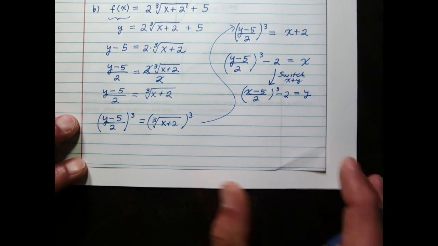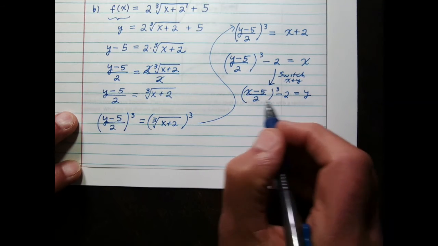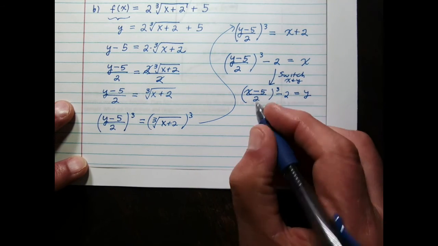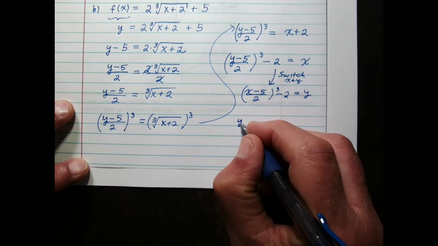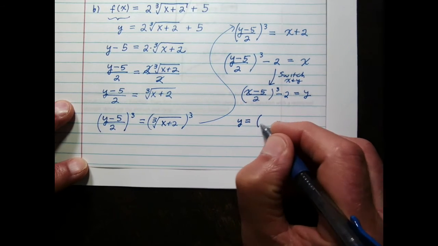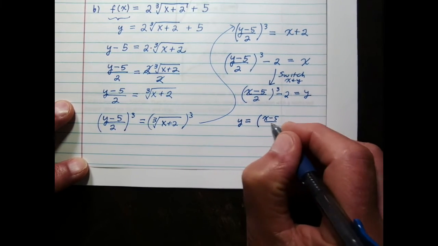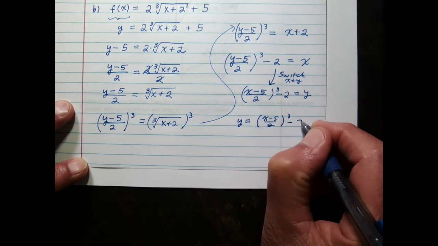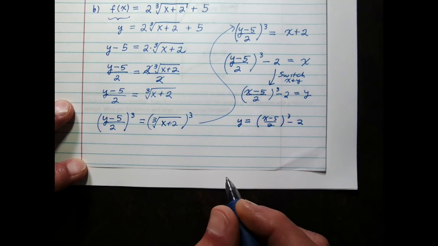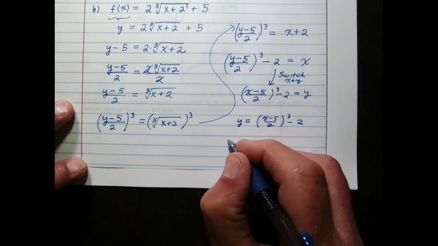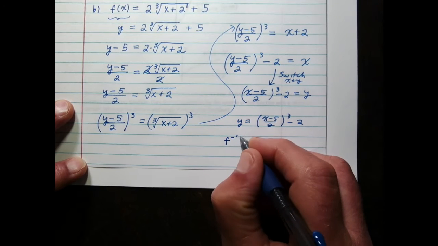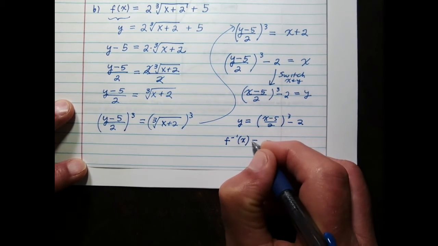I want to bring in my f inverse notation. Again, if you end up with y on the right, traditionally we write y on the left, so I'm going to recopy this as y equals x minus 5 over 2, to the 3rd, minus 2. And now I'm going to introduce my f inverse of x notation for y.